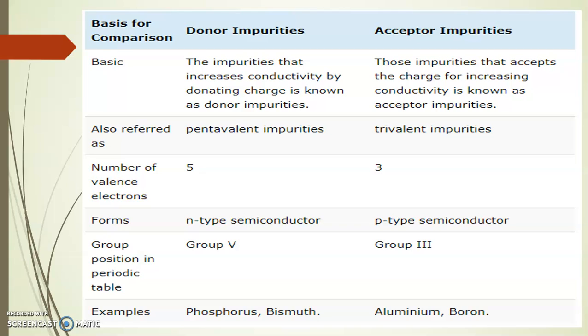Donor impurities are pentavalent, with 5 valence electrons, and acceptor impurities are trivalent, with 3. Pentavalent impurities form the N-type semiconductor, and trivalent impurities form the P-type semiconductor. In the next lecture we will study what P-type semiconductor and N-type semiconductor are, and the details of diodes. Thank you.